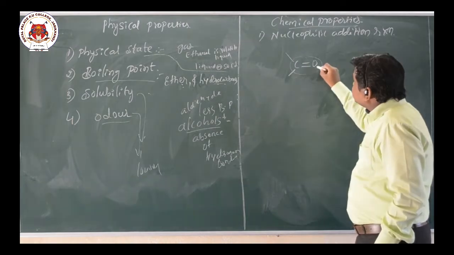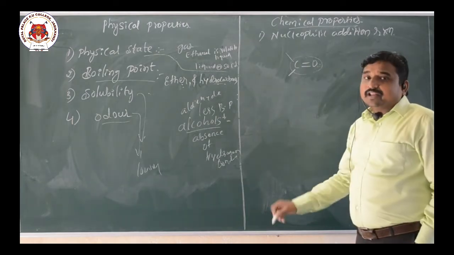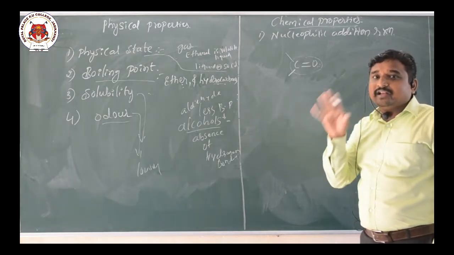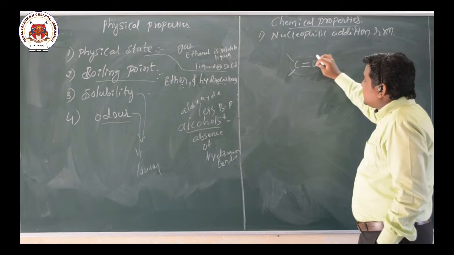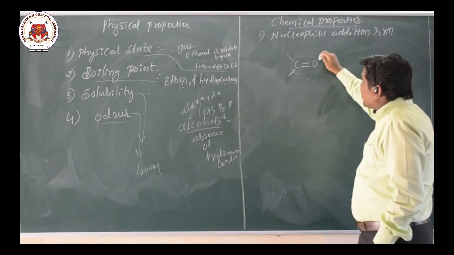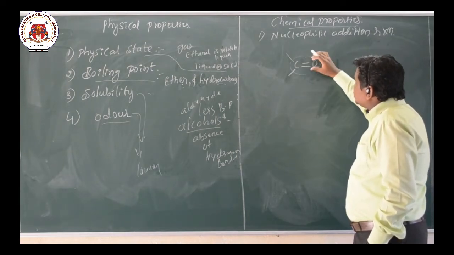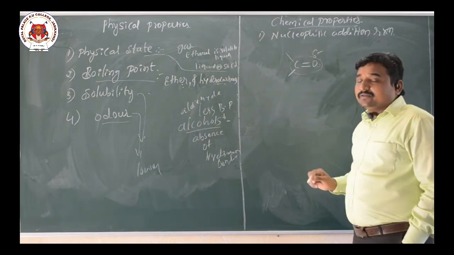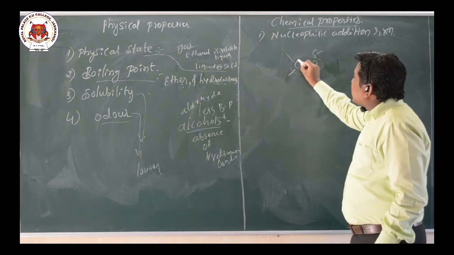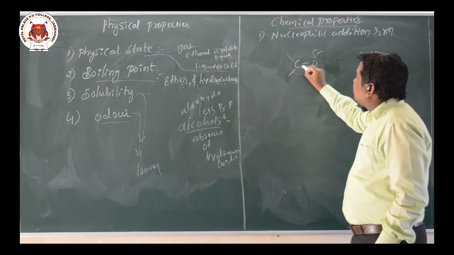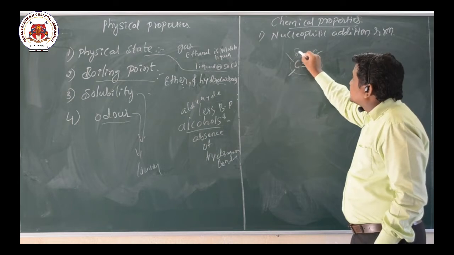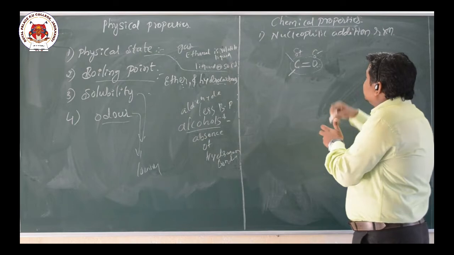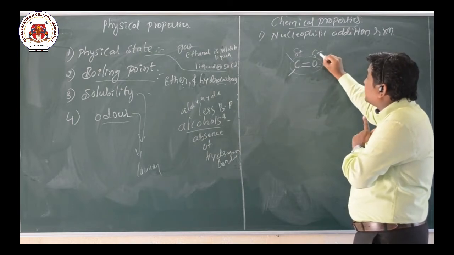And we know that oxygen is a more electronegative atom. Electronegativity means the tendency to attract the shared pair of electrons towards itself. Here the oxygen is more electronegative, hence it will withdraw electrons towards itself and take a partial negative charge.